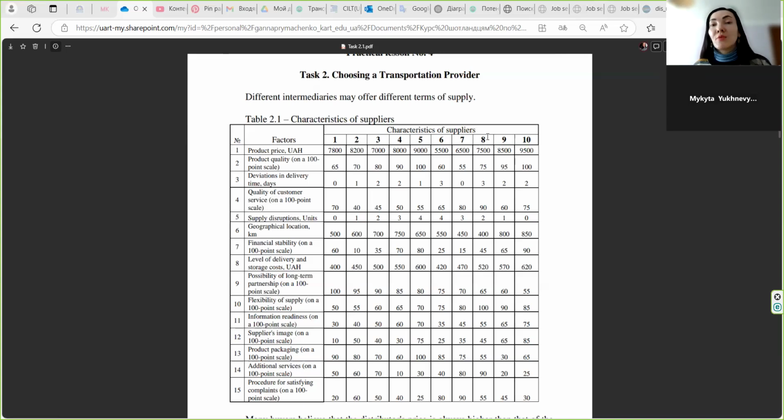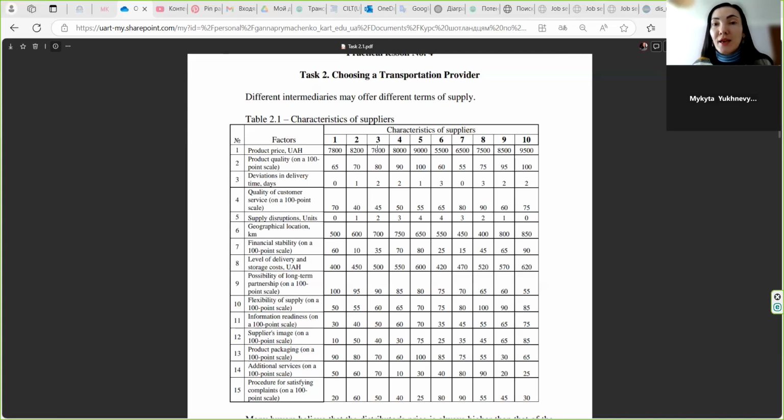We put here number 4. It is the 4th place in our rating of all suppliers. Okay. Next position, we find the next position, and it will be supplier number 1. We put here number 5. It is the 5th place in our rating.